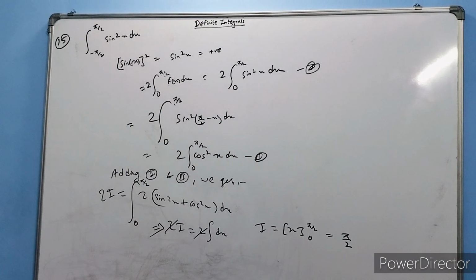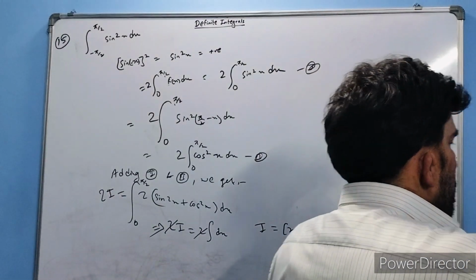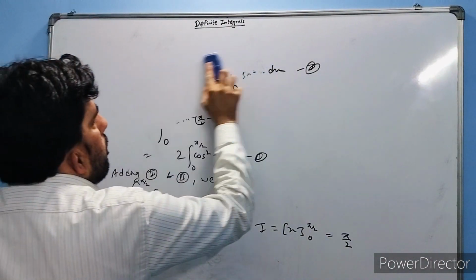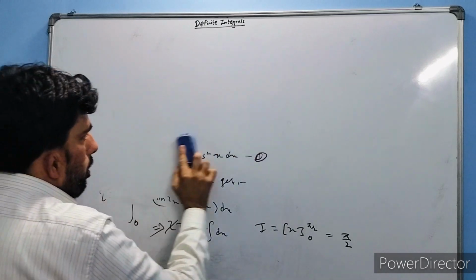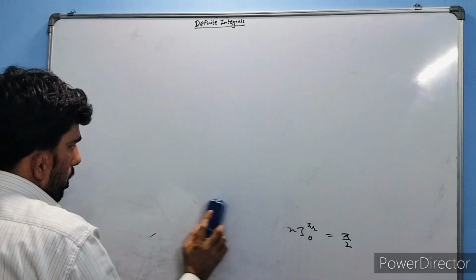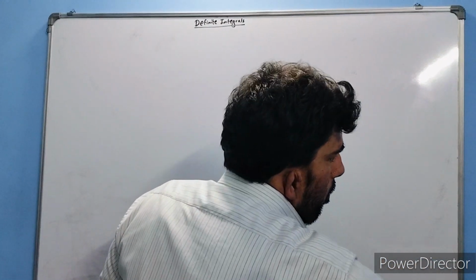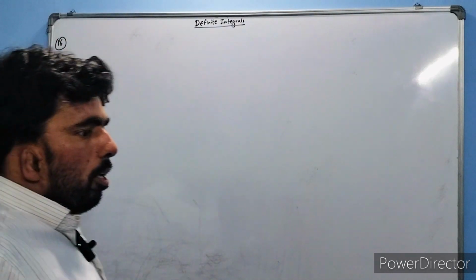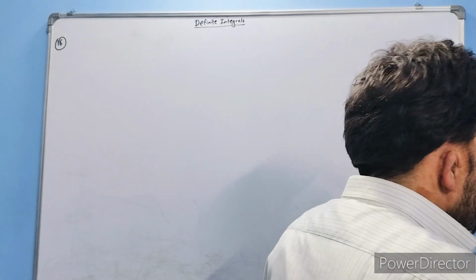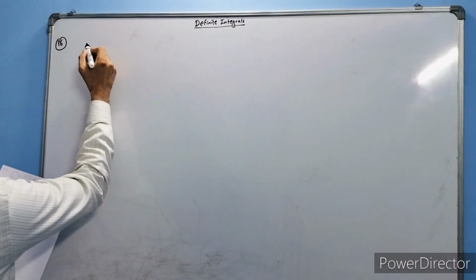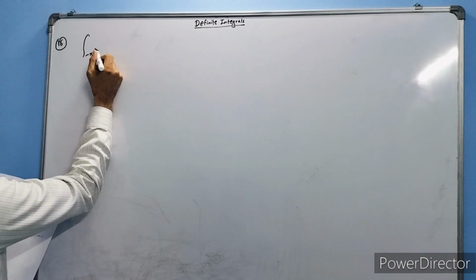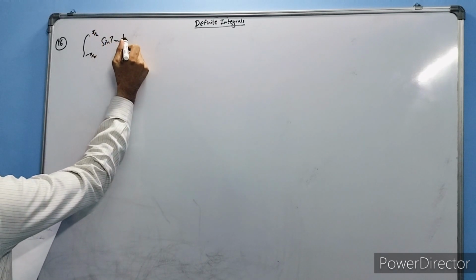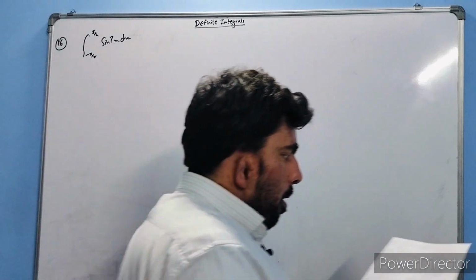Now let us try to evaluate another definite integral. Now we'll try to solve the 16th one. The 16th question we have is the integral from minus pi by 2 to pi by 2 of sin 7x dx. A very easy question.